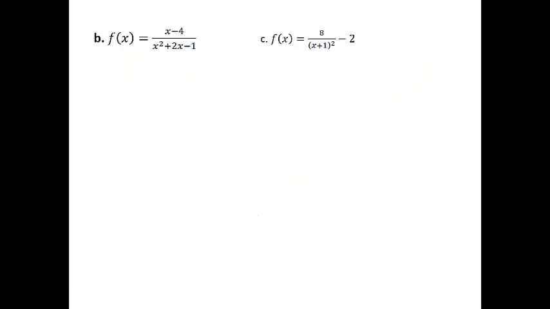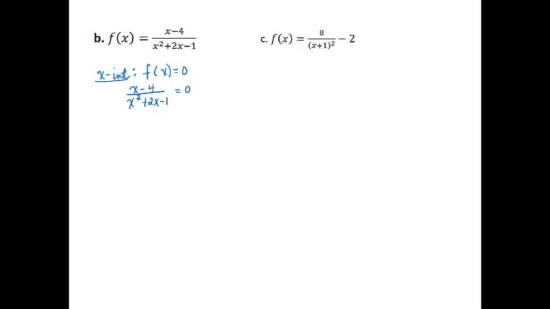Part B, we have the function f of x equals x minus 4 divided by x squared plus 2x minus 1. To find the x-intercepts of this function, we set f of x equal to 0 and solve. That gives us x minus 4 divided by x squared plus 2x minus 1 equals 0.